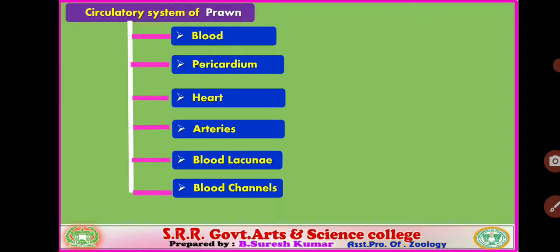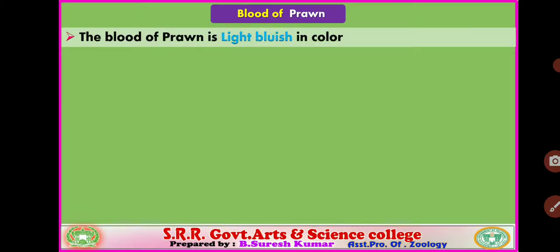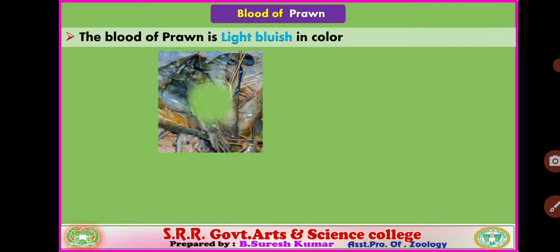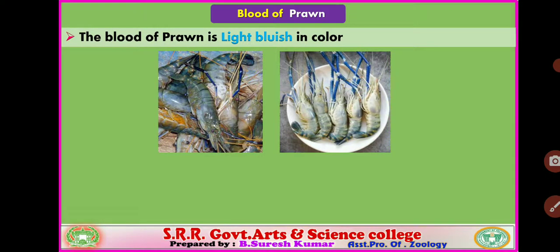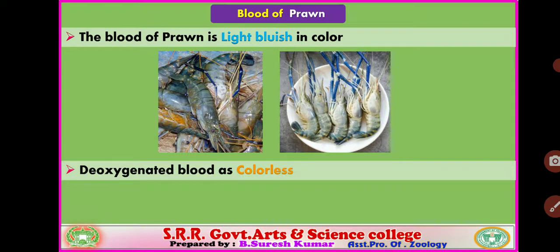Let us see the first part of the vascular system, that is blood. If you observe the blood of the prawn, it is light bluish in color. You observe this visual representation, and you have to focus on the appendages and abdominal region. Beneath the transparent chitinous plates, the blood appears light bluish in color. Actually the deoxygenated blood is colorless.